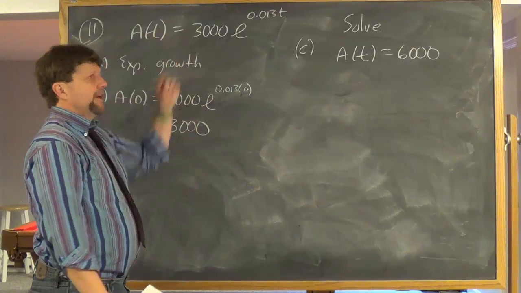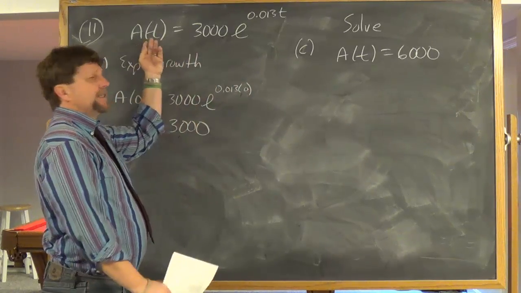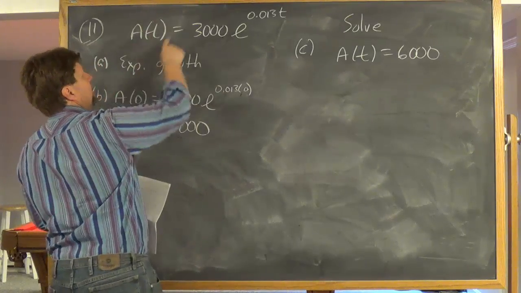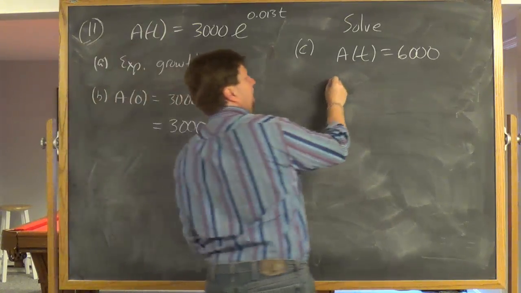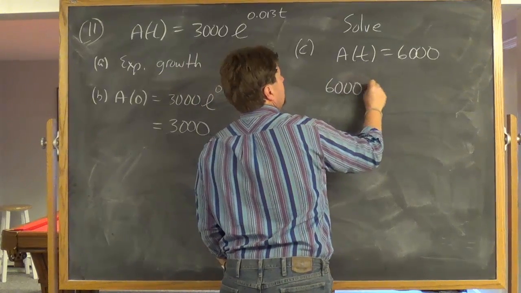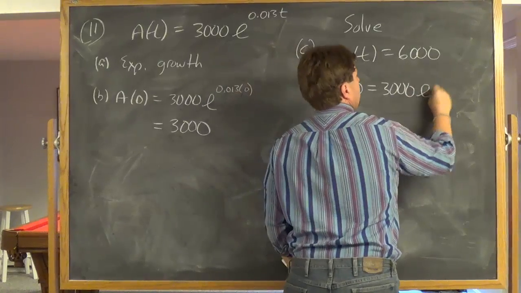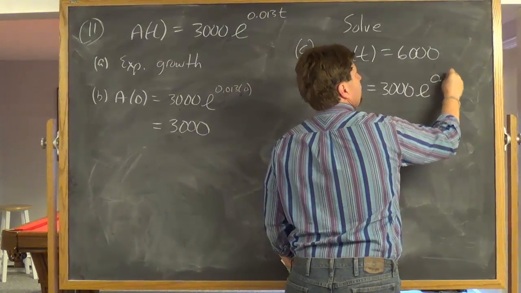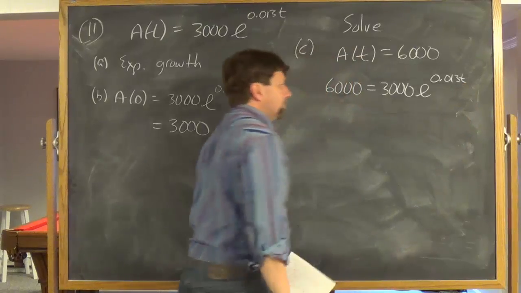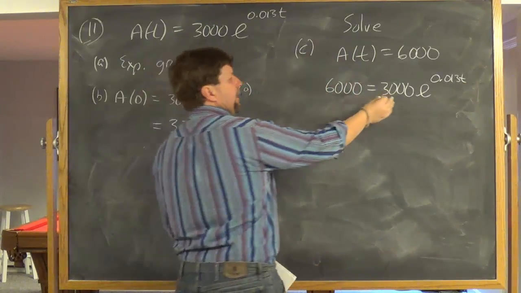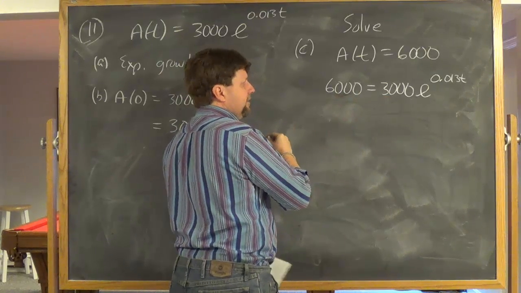All right, well, here's your function A of t. So basically it's saying put 6,000 in here for A of t and then solve. So we put 6,000 in here for A of t, and we have 6,000 equals 3,000 e to the 0.013t. So to solve this equation, the first thing I would do is just divide both sides of the equation by 3,000.